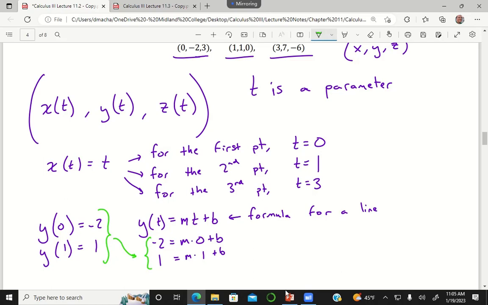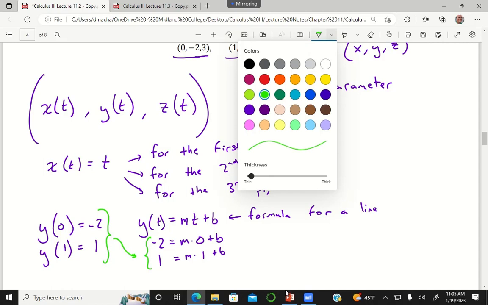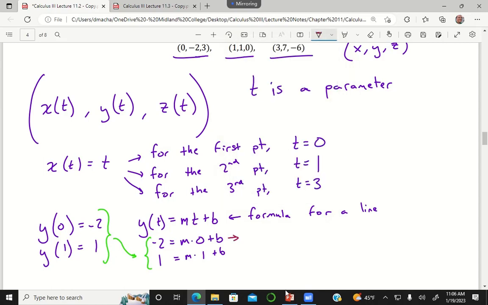So now I have a system of equations, but it's actually going to be pretty easy to solve this system of equations the way we set it up. Because if I start from this first equation here, I've got negative 2 equals m times 0 plus b. This tells me that b is equal to negative 2. And using that, I can rewrite the second equation so that it says 1 is equal to m times 1 plus b. So I could write 1 equals m minus 2.